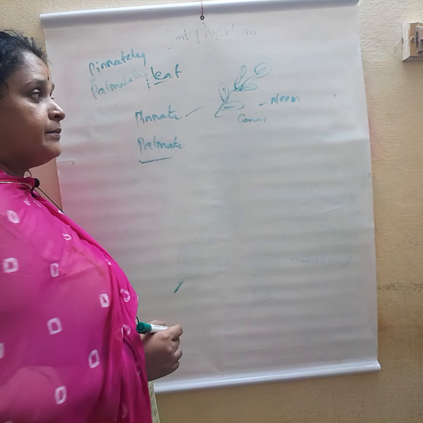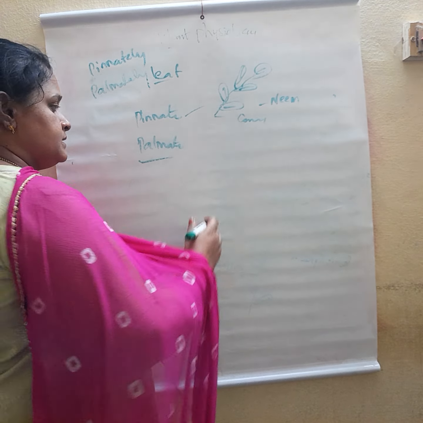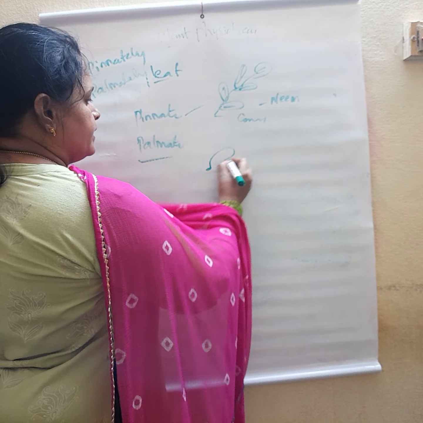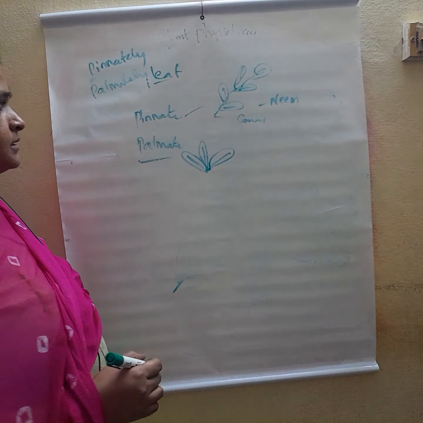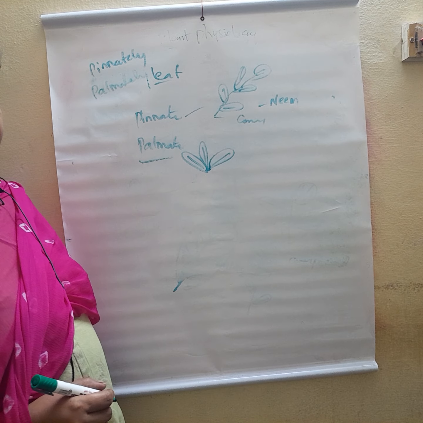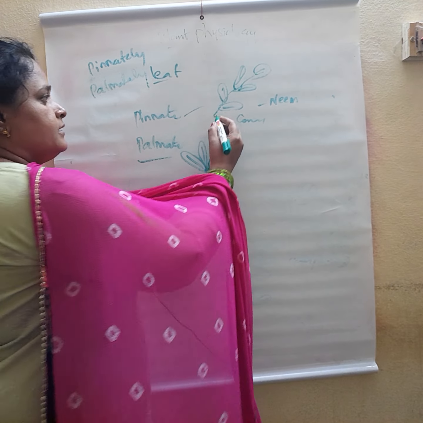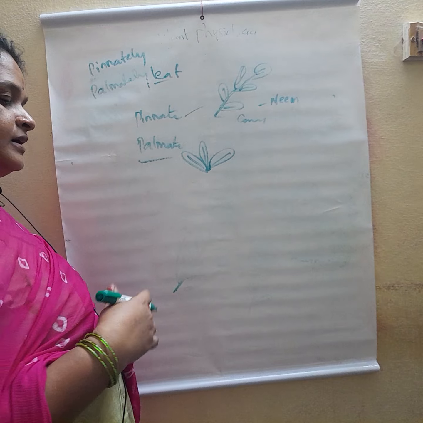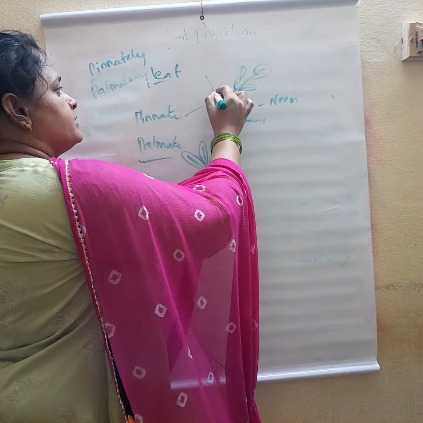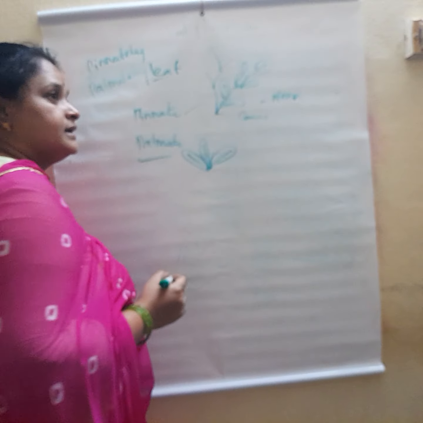Coming to the palmate leaf, here many leaflets arise at one point, just like this. So that is called palmately compound. Here the rachis is divided. It may be divided again, dichotomous, trichotomous, like that.